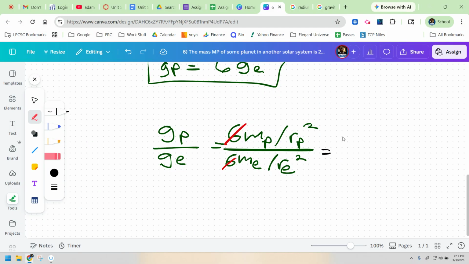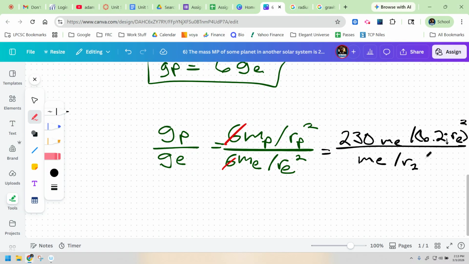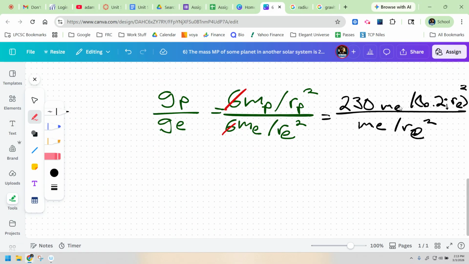So we know that MP is 230 times ME. And then we know that RP is 6.2 times the radius of Earth, and that whole thing would need to be squared. And then you just leave this ME divided by RE squared. And so then the ME's cancel out. And then you have to distribute this through.